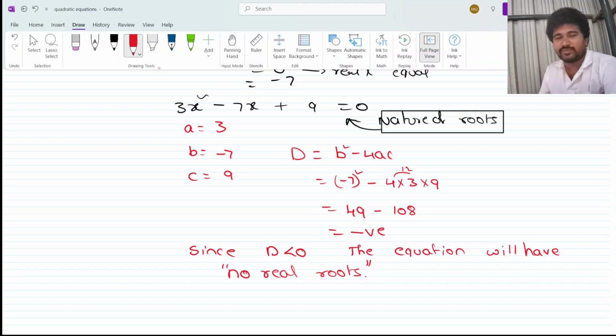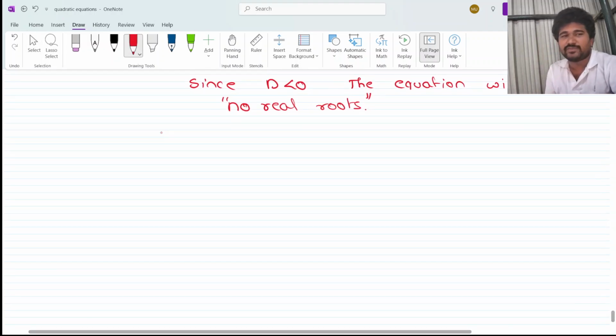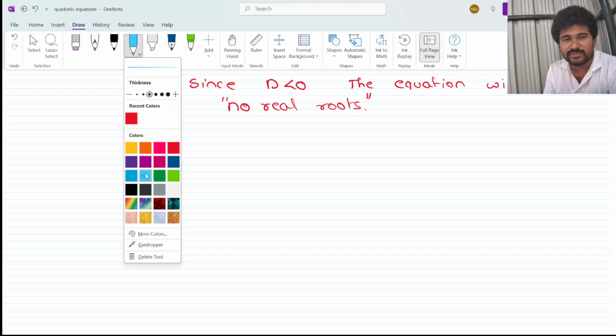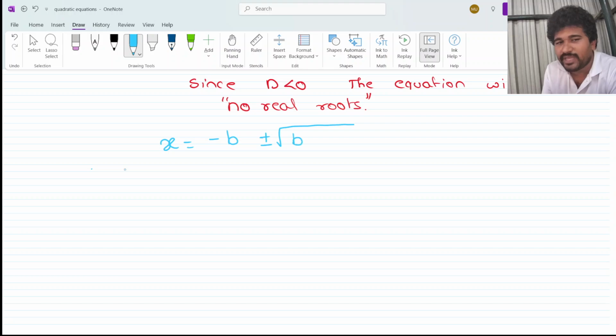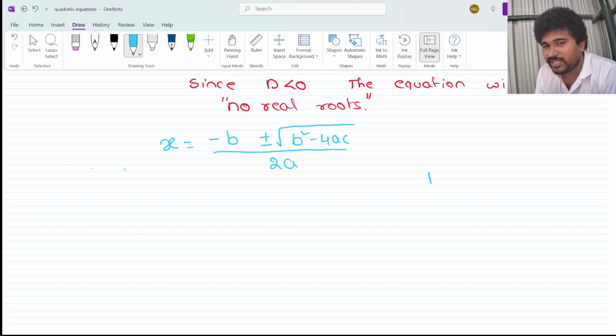Clear? Now observe, one special case we will do. What is the formula for x? X is minus b plus or minus root of b square minus 4ac by 2a. Remember, if d is less than 0, you need not find anything. No need to do anything.